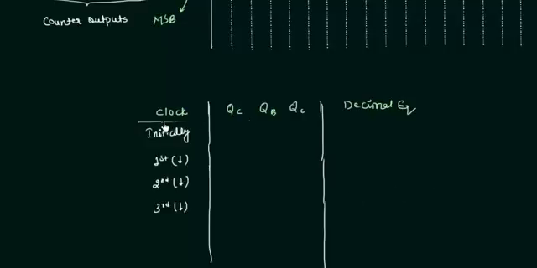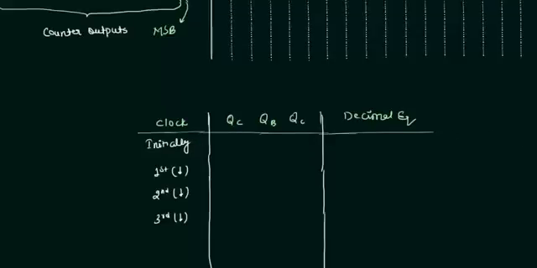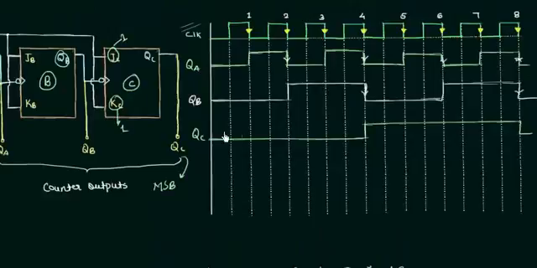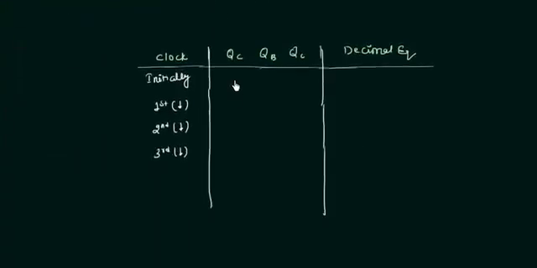So let's see what we got here from the waveforms we have obtained. Let's see initially what are the values of QA, QB and QC. So initially you can see QA is 0, QB is also 0 and QC is 0. So I can write 0, 0, 0, and the decimal equivalent of this is definitely 0.